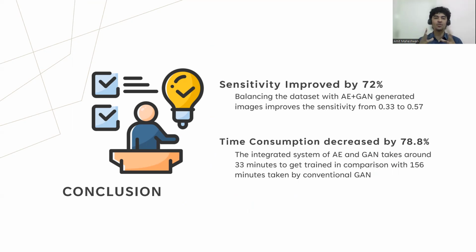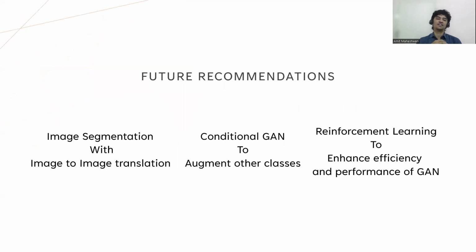And before I close this presentation, let me open this research to future studies. This research can be extended in three major areas. One is image segmentation with image-to-image translation. In the initial slide, we could see that the skin tones are different from person to person, right? That adds an additional challenge in the classification.